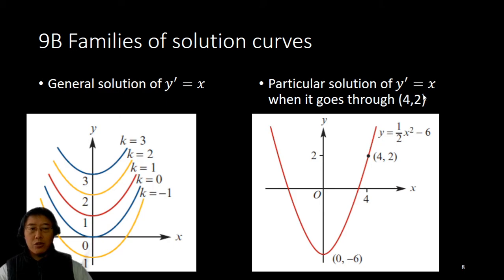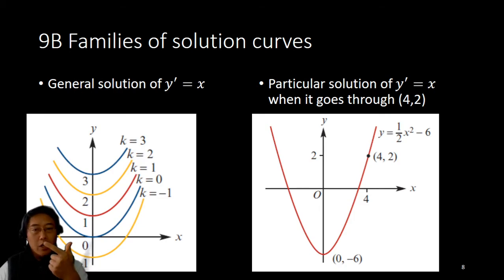So those conditions, 4, 2, I say conditions plural because we'll see when we look at differential equations, it can involve the second derivative, and if you have the second derivative, you anti-differentiate once, you get one constant. If you anti-differentiate again, you will get a second constant.